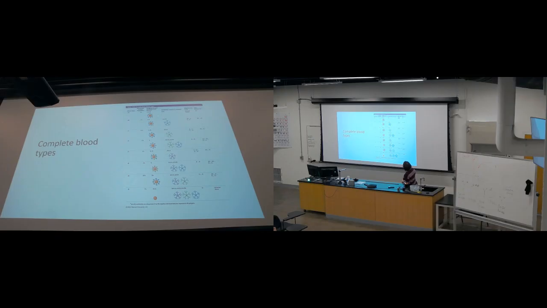And then again, look, AB negative, positive doesn't have antibodies. O negative has all the three, anti-A, anti-B, and anti-Rh. So this one, that's why it's called a universal donor, because it doesn't have the antigens, it can donate to everyone. And it can only receive from O negative.